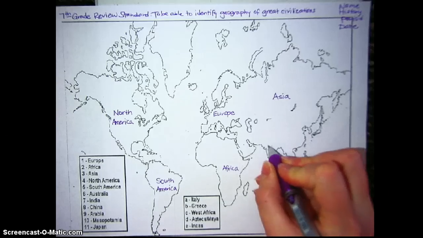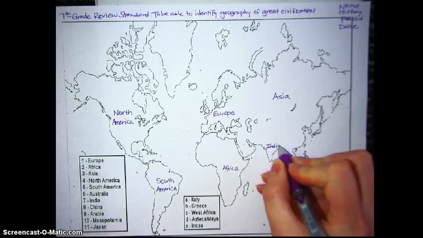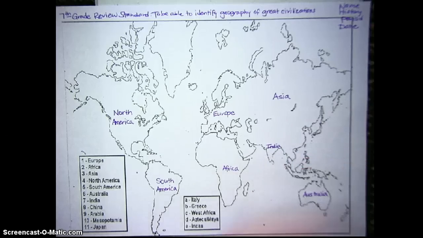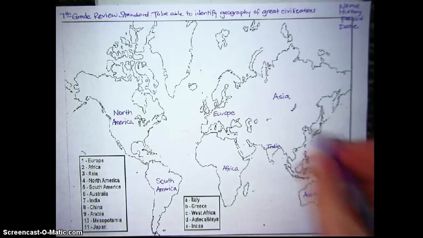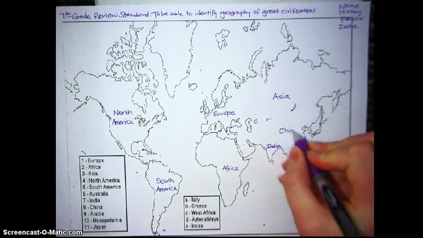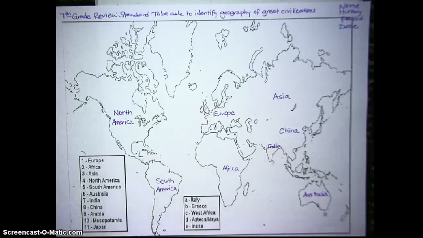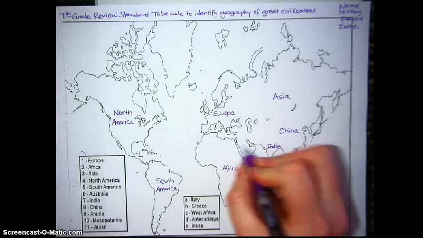India is this little tip right here. India, right there. 8 is China. China is over here. 9 is Arabia. Arabia is right through here.